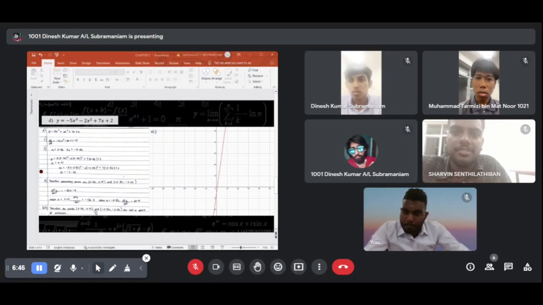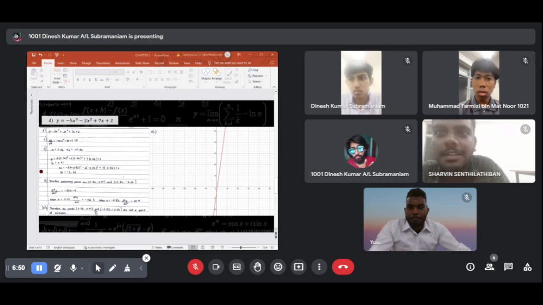Now question D. Question D is y equals negative 5x to the power of 3 minus 2x squared plus 7x plus 2.